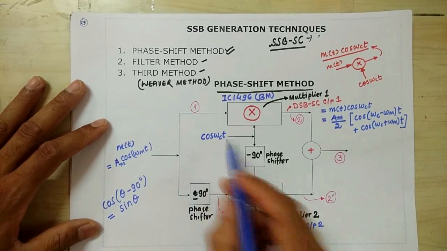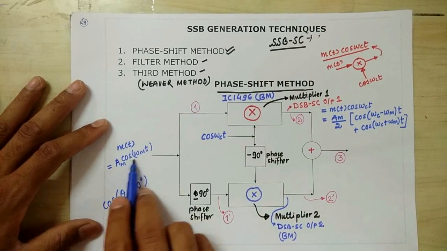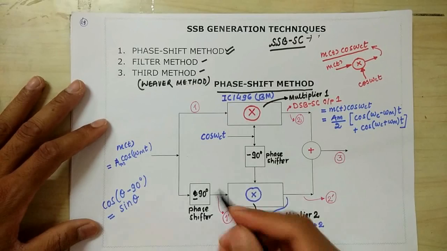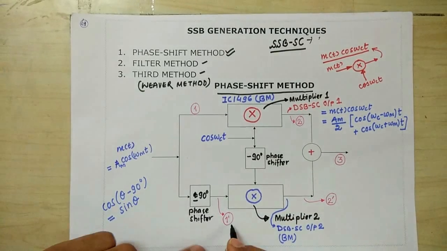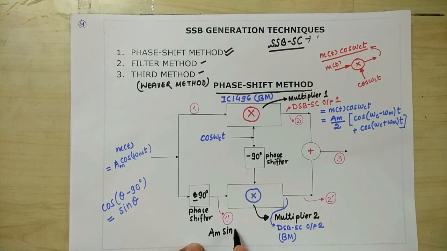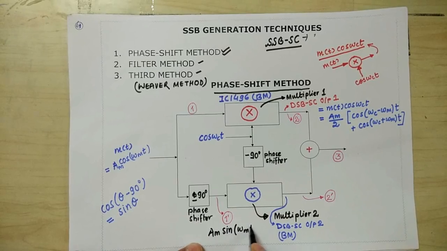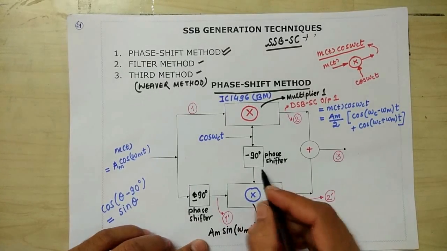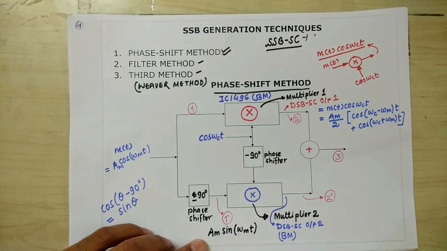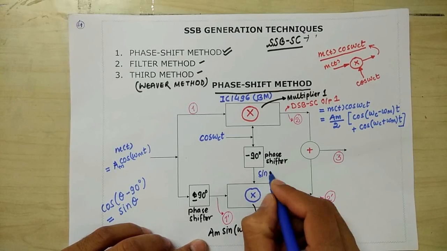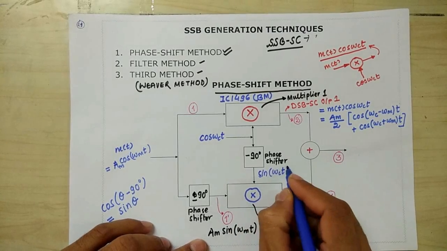Similarly, here cos omega ct becomes sine omega ct, and cos omega mt becomes sine omega mt. So at point number 1 dash, the output is Am sine of omega mt, and here the output is sine of omega ct.